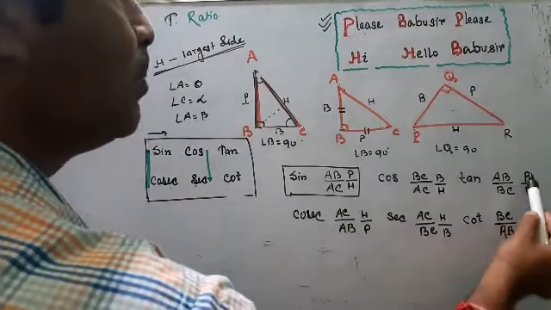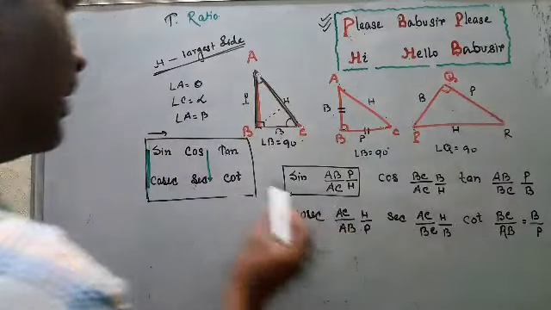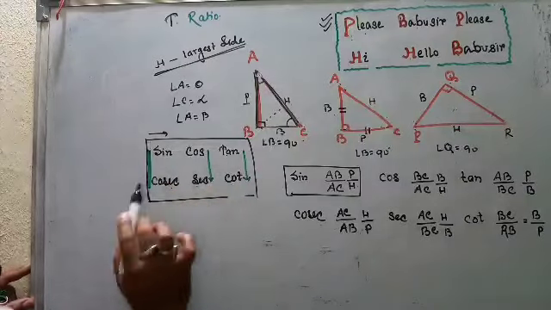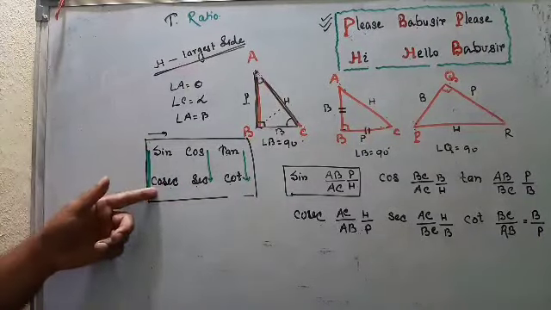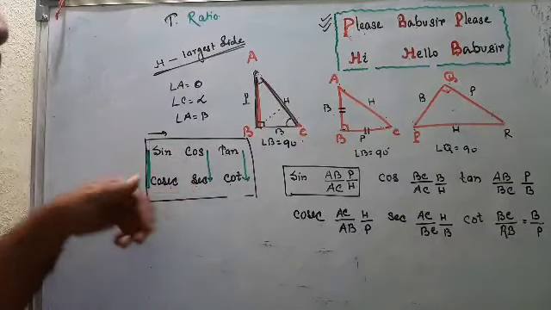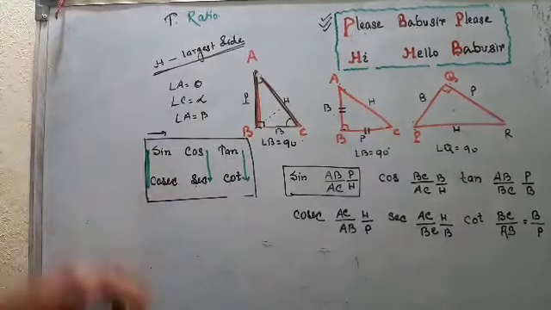And tan is P by B, then cot is B by P, again reciprocal. That's why I tell you to write like this. That means you can easily understand the opposite of sine is cosec and the opposite of cosec is sine. Cos opposite sec, sec opposite cos, tan opposite cot, cot opposite tan, reciprocal.